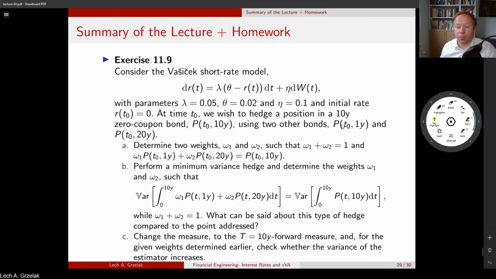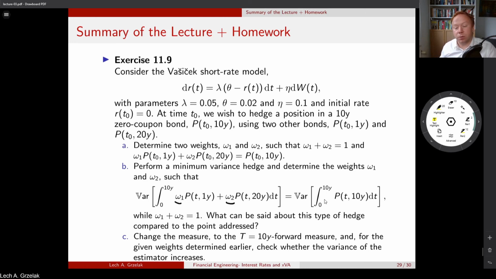We have a 10-year bond here, and then we are looking for weights, omega-1 and omega-2, such that the variance of the integral from 0 to 10 years, the variances of these two, are equal. So this is called a minimum variance hedge. This means that the uncertainties on the hedging instruments relative to the other instrument, the variances, are the same.